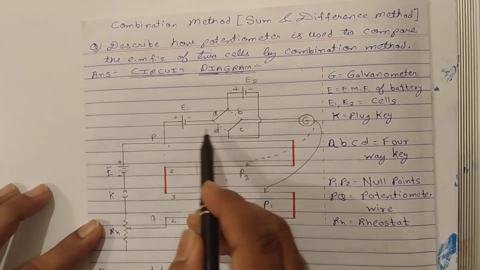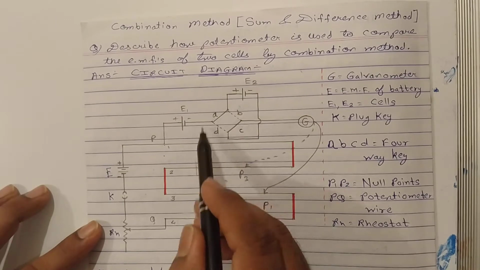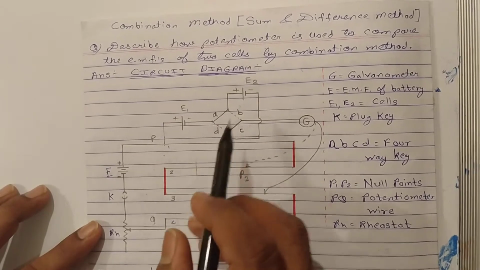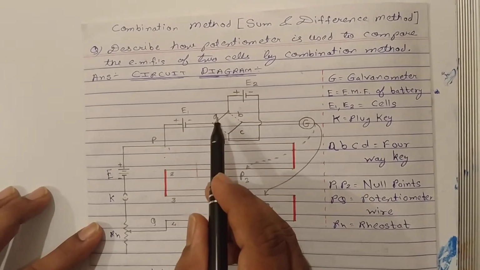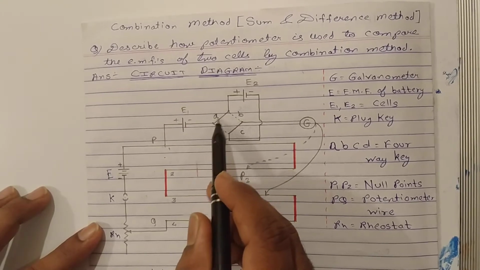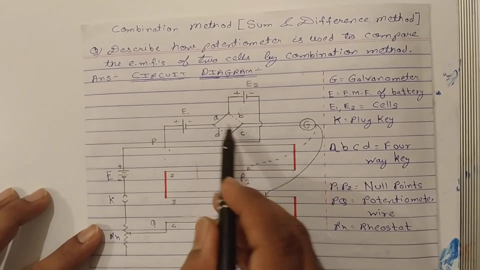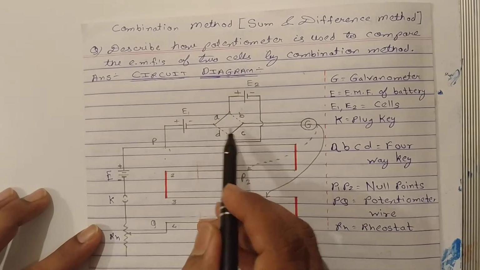This ABCD is a four-way key. The portion of this key A and C is to be what?